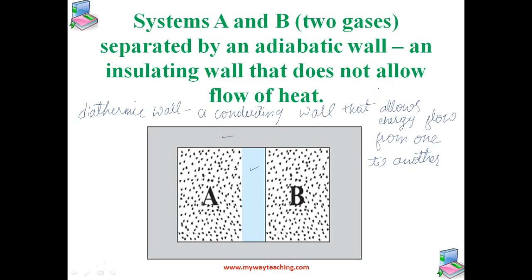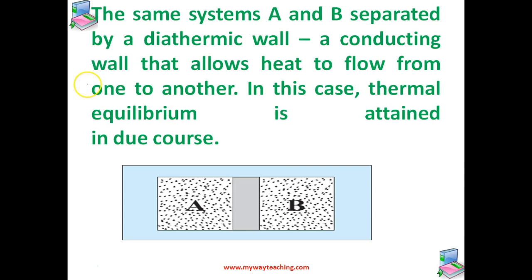It is then found that the macroscopic variables of systems A and B change spontaneously until both systems attain equilibrium states. After that, there is no change in states. Here it is not an adiabatic wall, this is a diathermic wall.